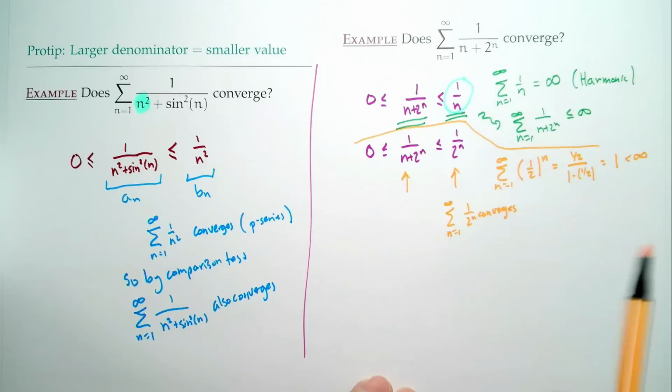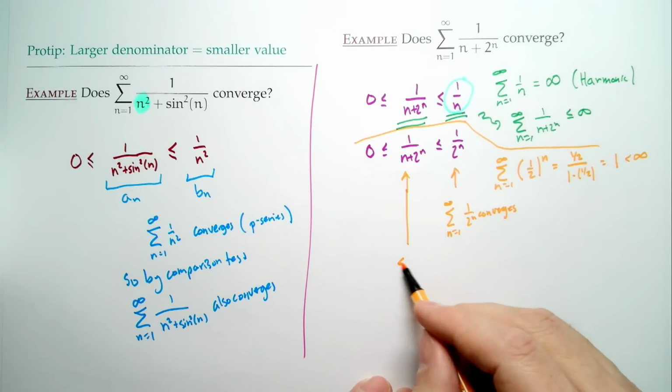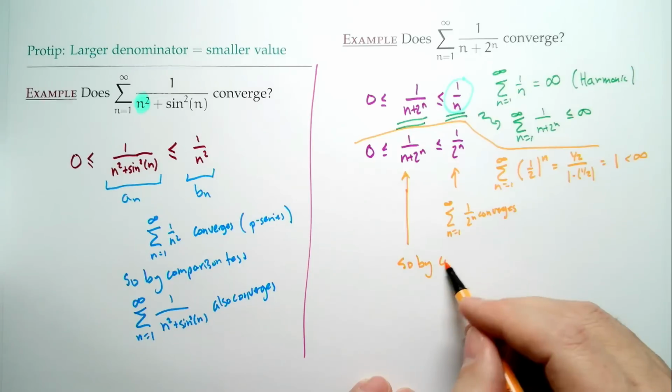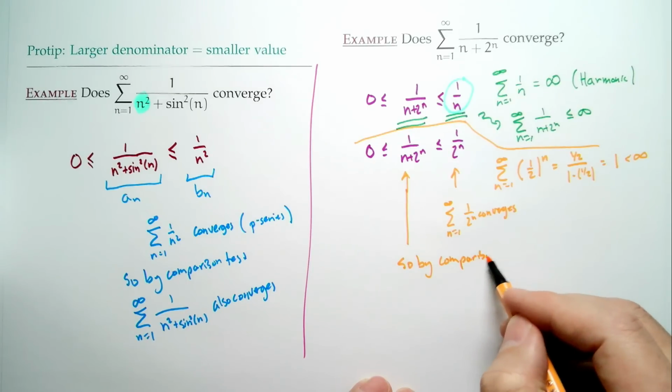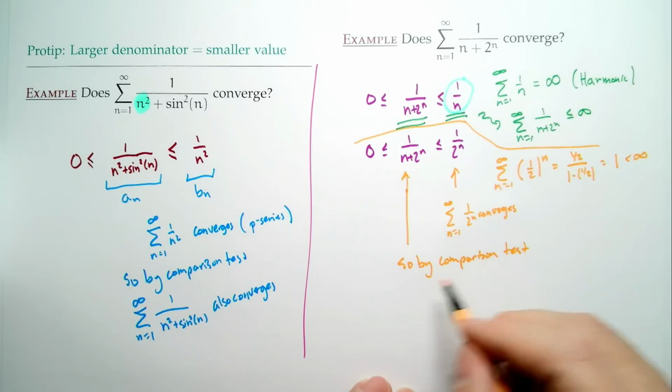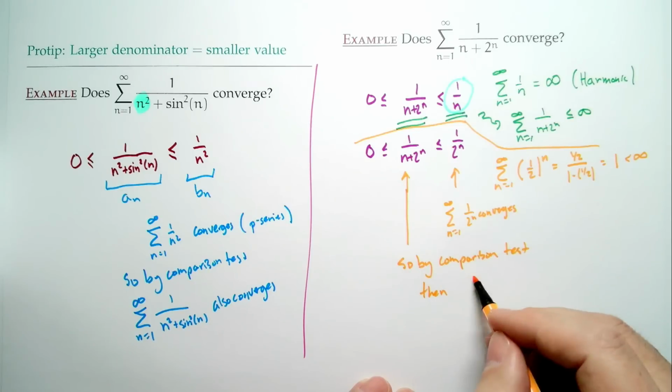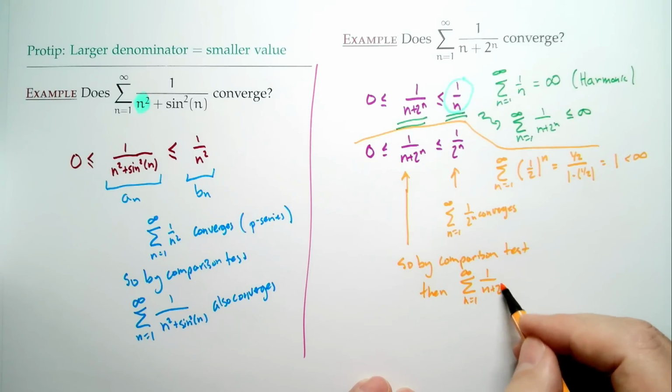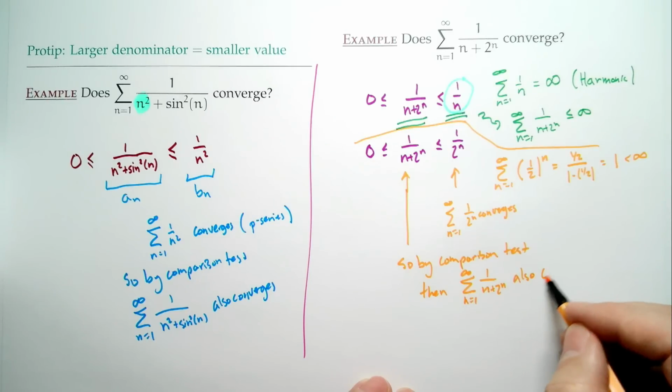Why? Because larger denominator. And so, by comparison test, since the larger thing converges, we conclude that the smaller thing, namely the sum from 1 to infinity of 1 over n plus 2 to the n, also converges.